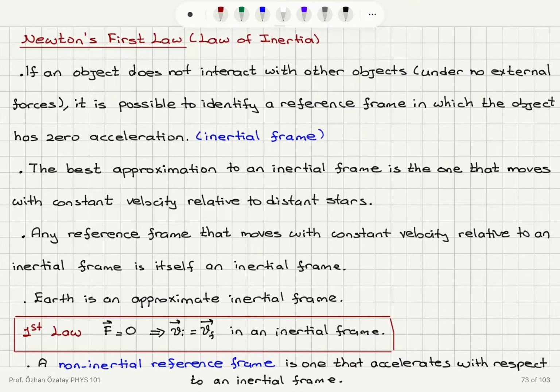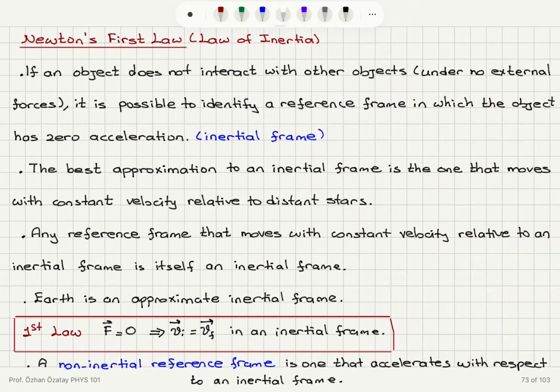Now, let's start with Newton's laws of motion. Newton's first law is known as the law of inertia. So what does it say? If an object does not interact with other objects, so there is no external force, the object is free of any external factors that will change its motion, it is possible to identify a reference frame in which the object has zero acceleration.